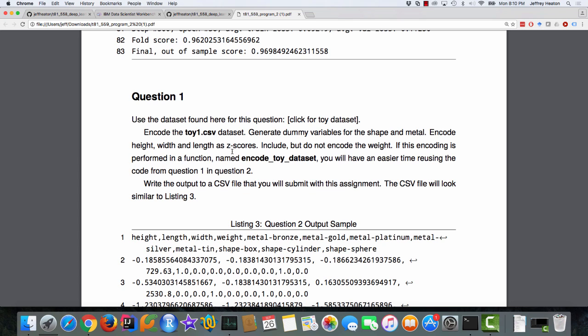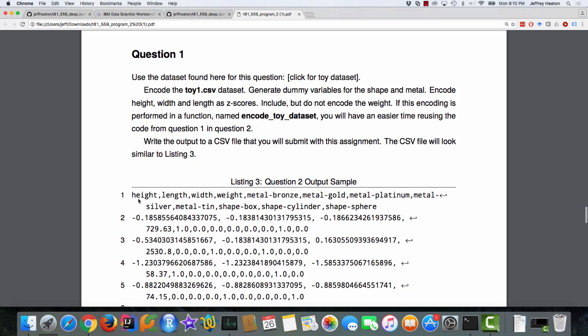This is really just doing an encode. All you're doing is basically creating the feature vector. This is a very easy one. You're essentially just encoding the height, the length, and the width into z-scores. And then all these zeros and ones there, you're encoding dummy variables on those. You should get a data set that looks something like this.